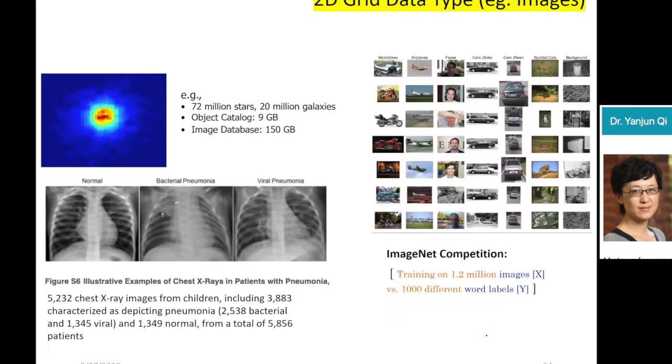And then another really interesting type is something called the 2D grid data type, images. So for example, in this case, it's X-ray. In this corner are the chest X-ray data. It's in fact a Kaggle competition. And then we also have the ImageNet competition, which has 1.2 million training images, and the target labels number about 1,000.